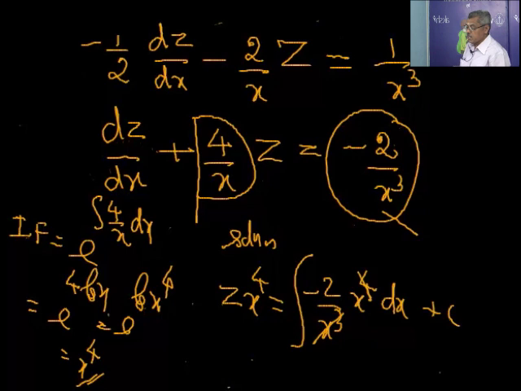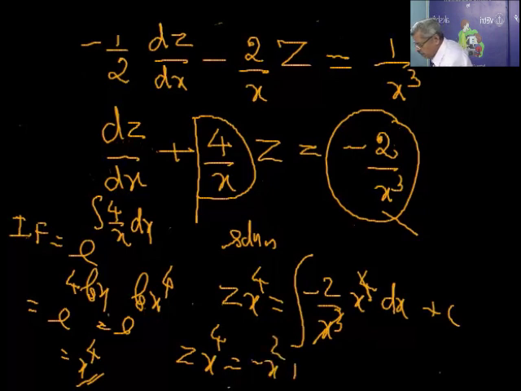We are left with only 2 and the minus sign. Therefore, z x power 4 is equal to minus 2 into x square by 2. The 2 gets cancelled. You get minus x square plus c.